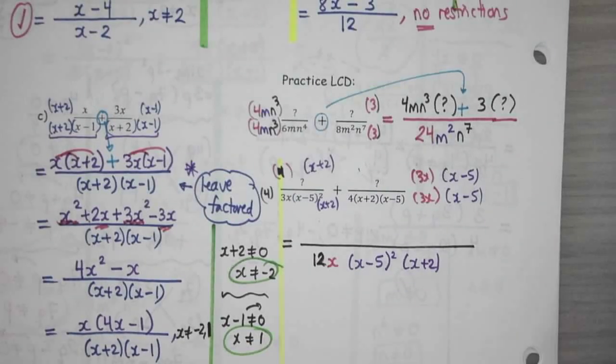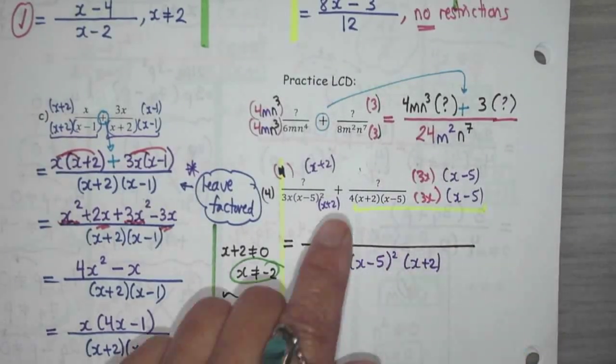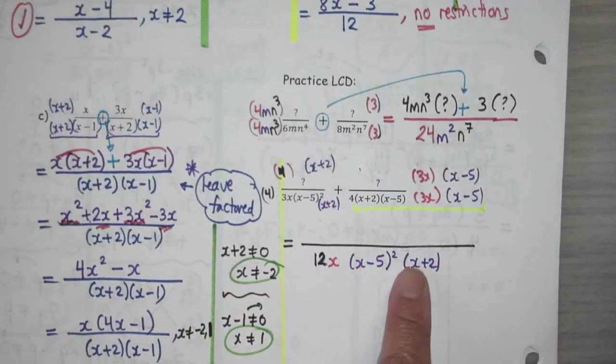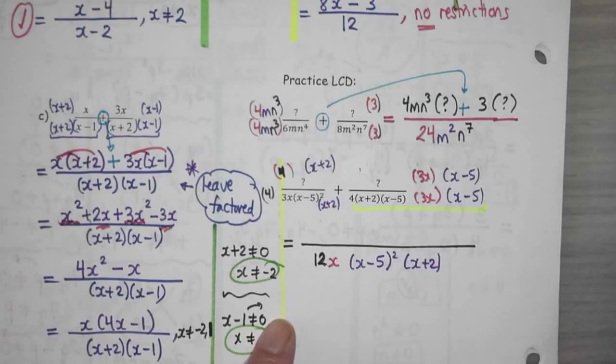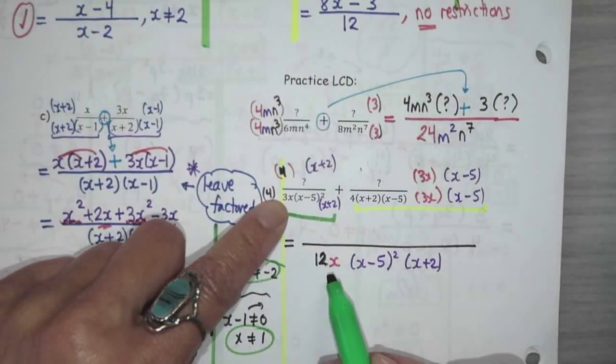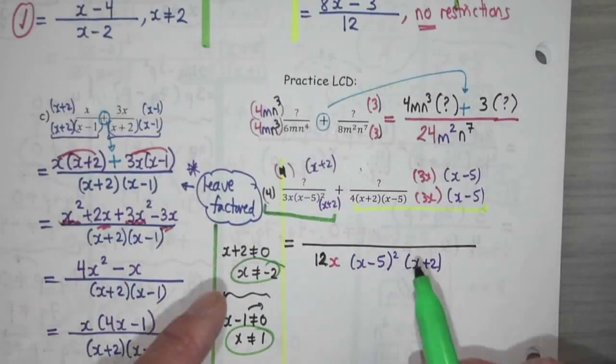So now look, are all the denominators the same? This is 1, 4, so 12x, 1 of these, 2 of those. Look at this one, this denominator here. There's a 4, 3x, so 12x. I have 2 of these guys and 1 of those. So both of them are matching.